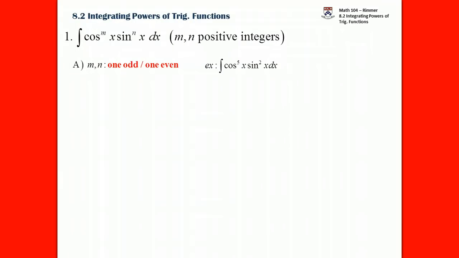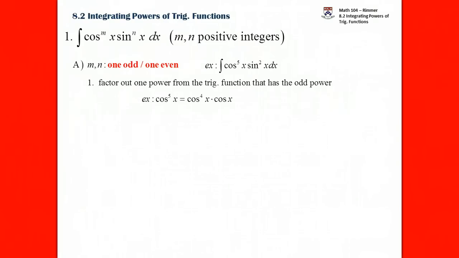I like to think about it as peeling off, but you're factoring out one of the powers. So if I have cosine to the fifth, I'm going to factor out one of those and leave it as cosine to the fourth times the cosine. Now we'll see why we're doing this.